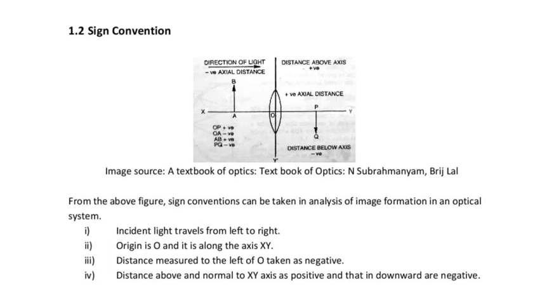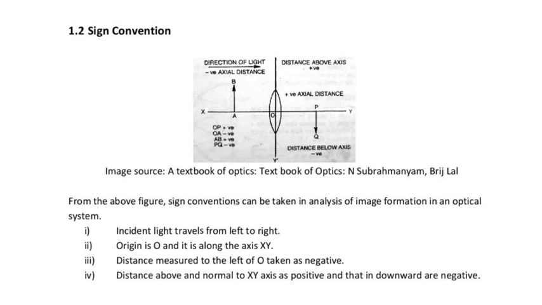First, let us understand the basic sign conventions. See the figure. Direction of light. It is negative axial distance. Distance above the axis is taken as positive. Positive axial distance. Distance below the axis is taken as negative. From the above figure, sign conventions can be taken in analysis of image formation in an optical system.